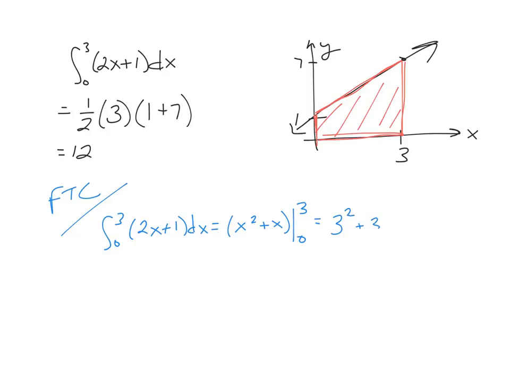So we get 3 squared plus 3. And then we substitute 0, and find the difference of those two quantities. So let's see, this is 9 plus 3, which is 12, minus 0, which turns out to be 12, which is exactly what we got when we interpreted the integral as area.